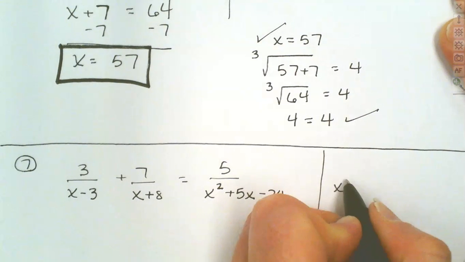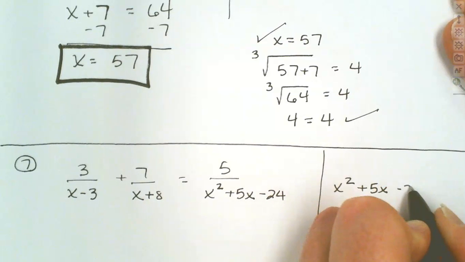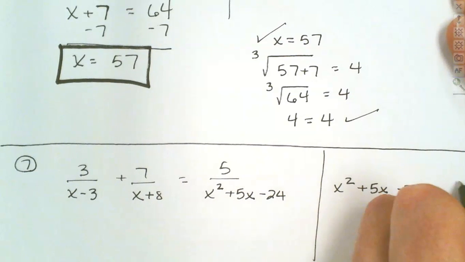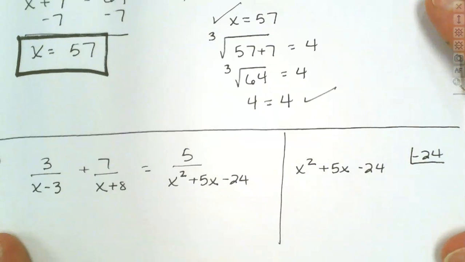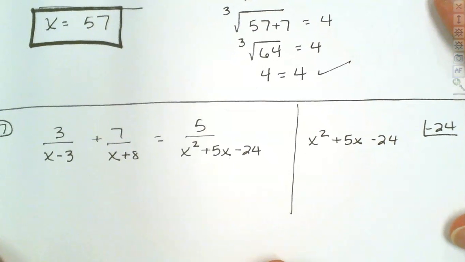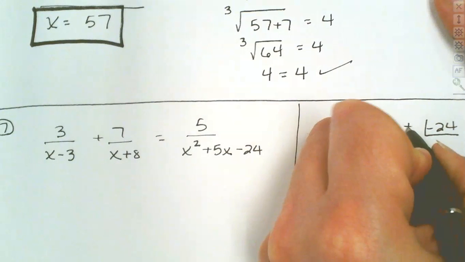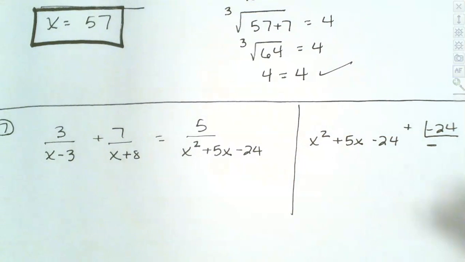So I'm going to take this x squared plus 5x minus 24, and I'm going to factor it. So I need a minus 24 here. That tells me then that one number is positive. And this is question 7, by the way. One number is negative, larger is positive, smaller is negative.